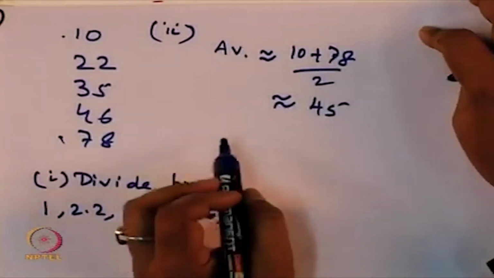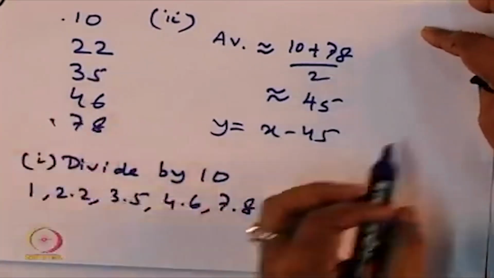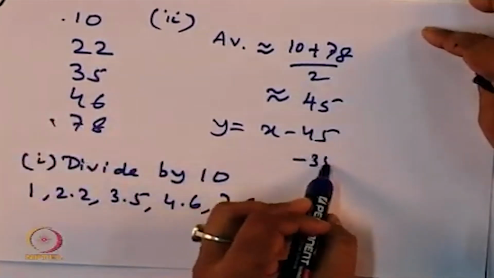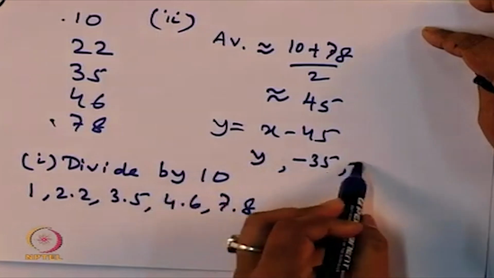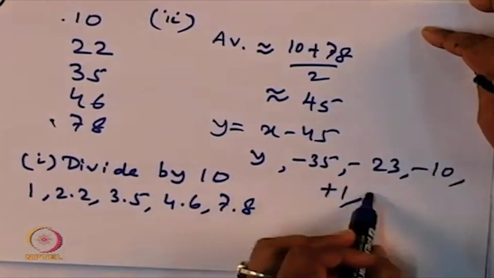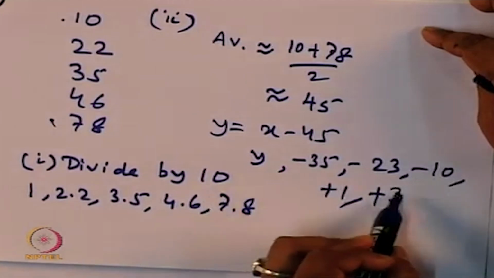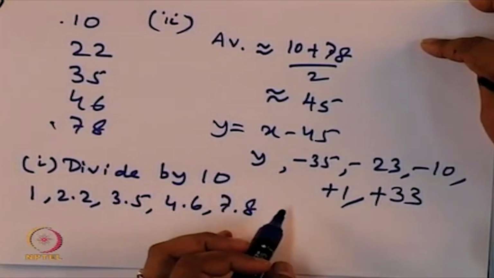So, we can apply the transformation y is equal to x minus 45 here, and then my y values are minus 35, minus 23, minus 10, plus 1, plus 33. Then I can add them up very easily and find out my average.